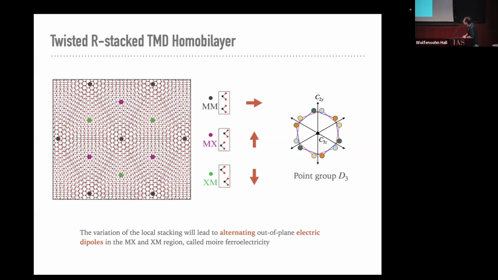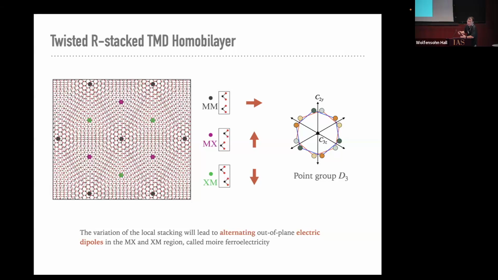Now let's look at the symmetry of those stackings. You will notice immediately that even though the monolayer has a mirror Z symmetry, for those bilayers, due to just the way they are stacked, obviously the inversion symmetry is gone. And in fact, the MX and the XM points are related by a mirror Z reflection.